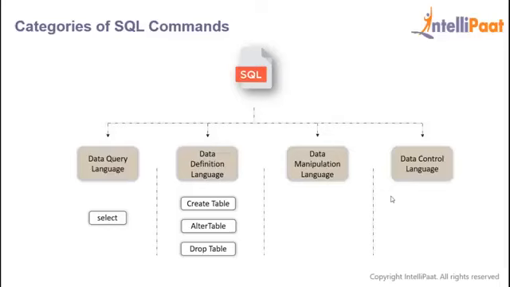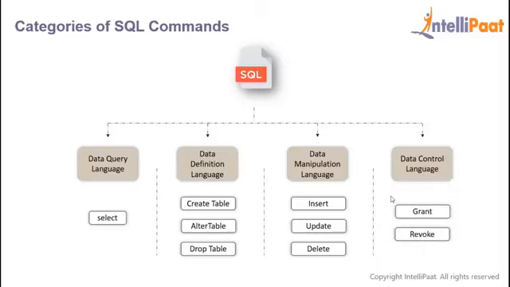And DDL is that part of SQL that allows a user to create and restructure database objects. So you can see commands like create table, alter table, and drop table in DDL. After that, we have data manipulation language, which is used to manipulate the data within tables. So the three basic DML commands are insert, update, and delete.